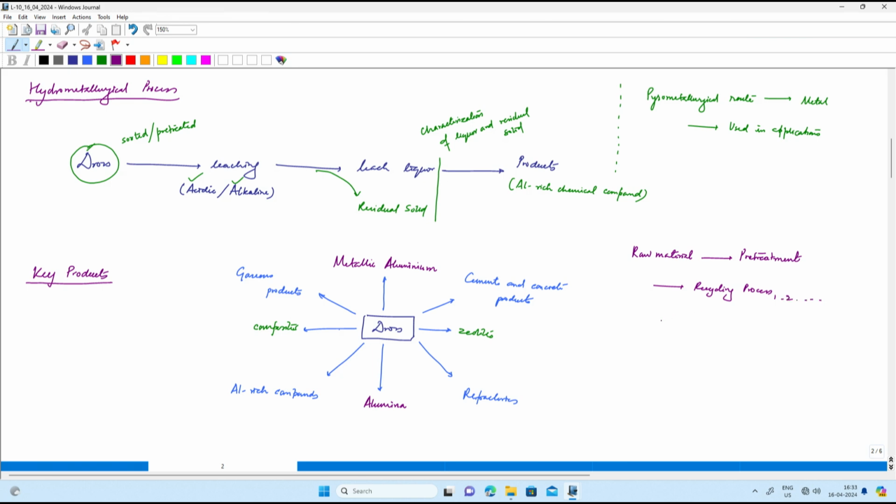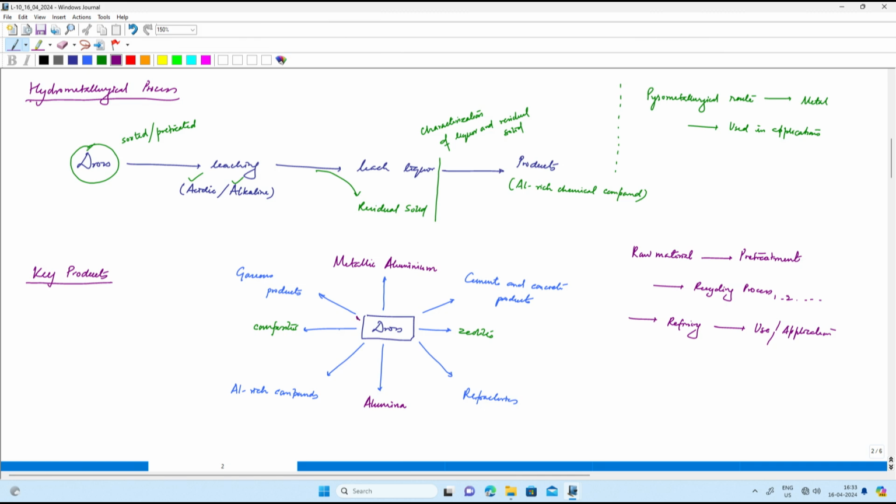And then we are into refining. If metal is produced, fine; if not, then we can refine the product itself and then use it. Use or application. So, what are the key products that have been described in literature?